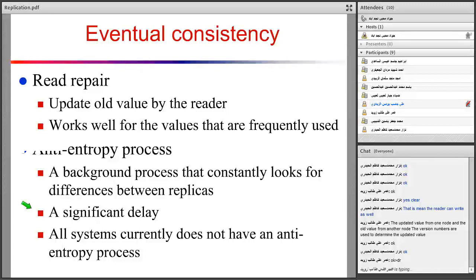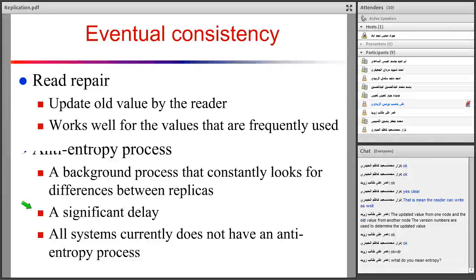Another challenge is that not all systems currently have an anti-entropy process, because it's a heavy process. It's a special process that needs to compare the data between the replicas. So this technique is not so interesting for many advanced databases.